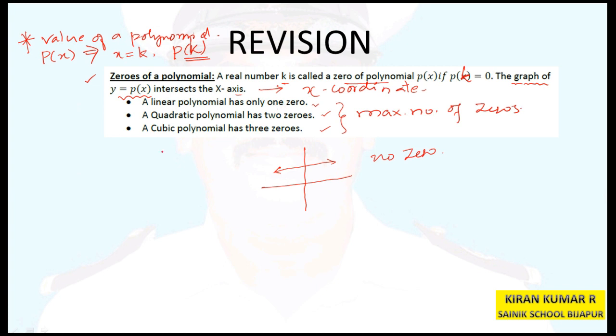In the same way, we had this type of graph, a parabola, which was not intersecting or touching the x-axis. In this case, the number of zeros is 0.